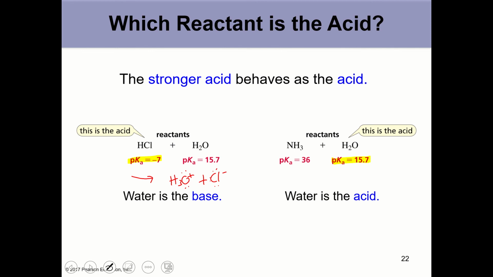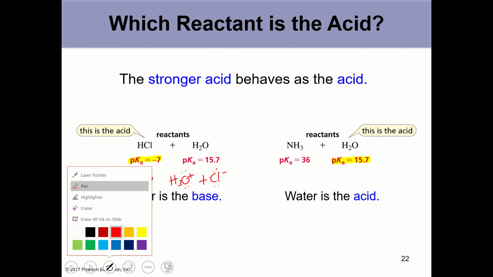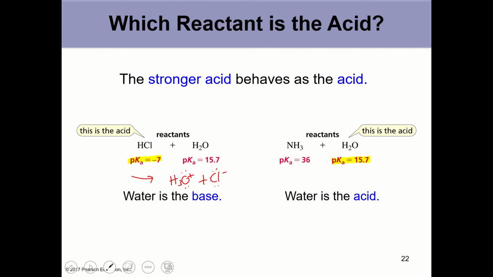When we have the reactants of ammonia and water, as shown on the right, we can determine which is the acid by evaluating the pKa's. Water has a pKa of approximately 16 and ammonia has a pKa of 36. Water has the lower pKa, and so it will behave as the acid, and ammonia will behave as the base.